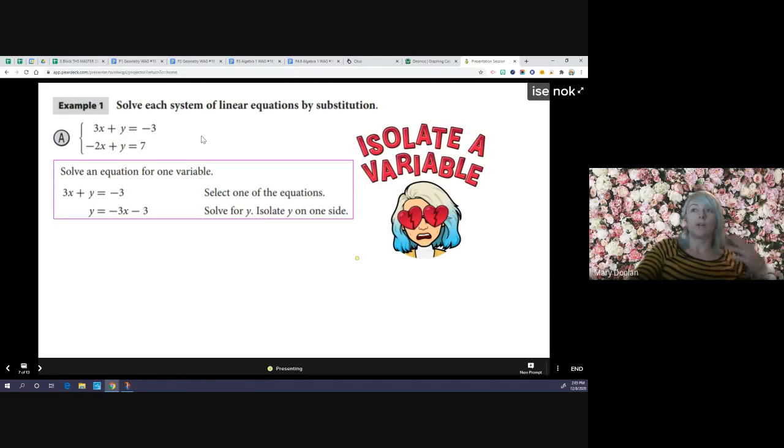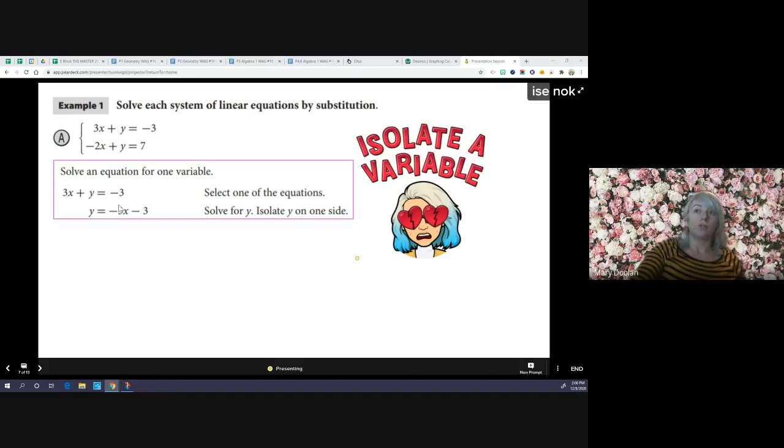So we're going to just pick the first one, 3x plus y equals -3. I could have also picked the second one. It doesn't matter, but pick one and isolate a variable. It's easier to solve for y, so I'm going to solve for y, which means I have to move this term of 3x to the other side.